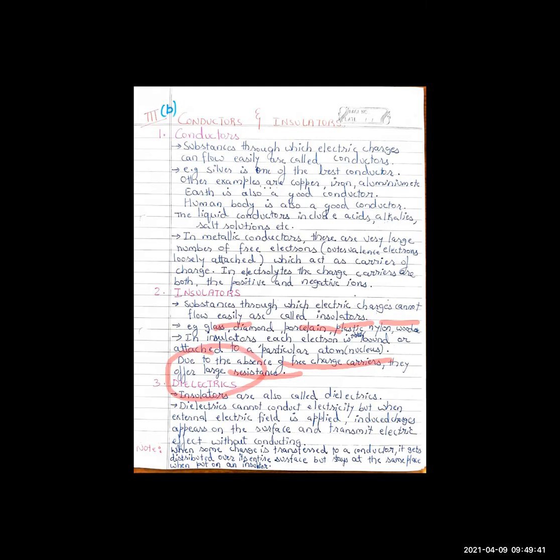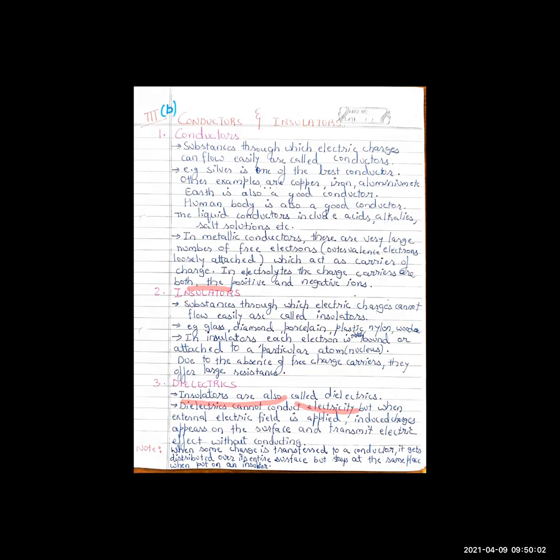This is dielectric. Insulators are also called dielectrics. Why? See children, dielectrics are not going to conduct electricity, right? They are just like insulators. They will not conduct electricity. But what happens when you apply an external electric field?